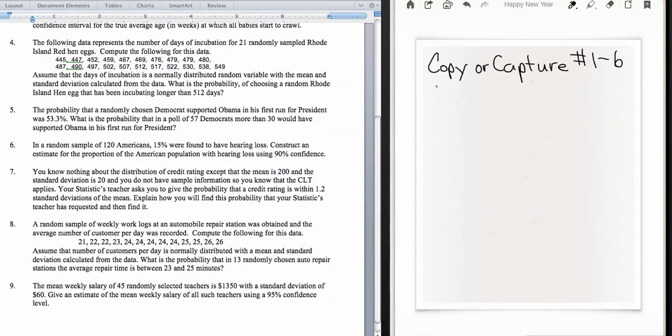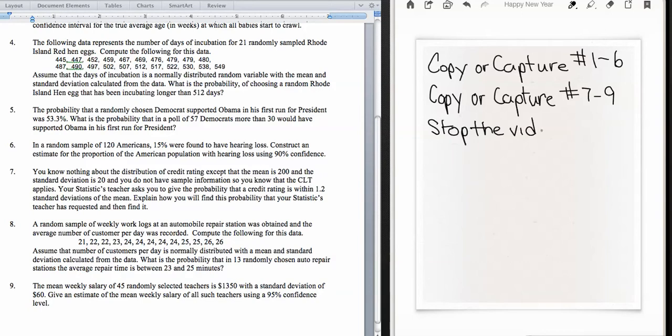Okay, and now I want you to copy or capture problems 7 through 9. Now, stop the video, do the problems.